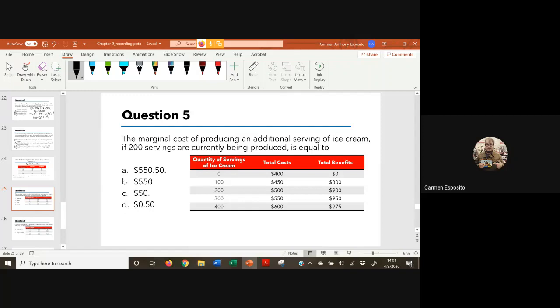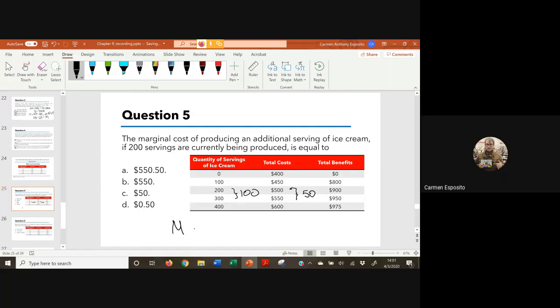So first, let's find the marginal cost of producing an additional serving of ice cream if 200 servings are currently being produced. Well, I'm at 200. If I go to 300, that's 100 units change. And from here, it cost me $500 and now cost me $550, and so we're going to have a change of $50.